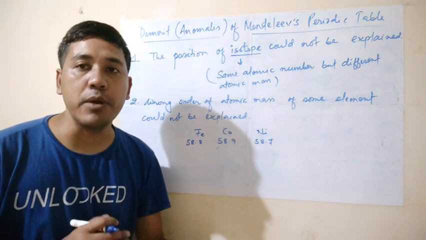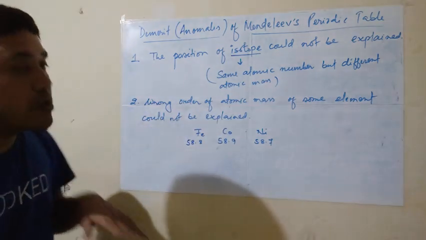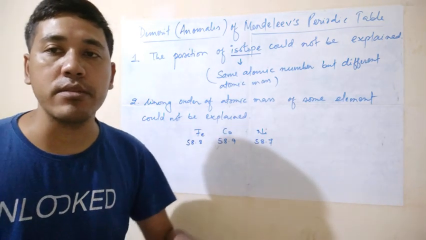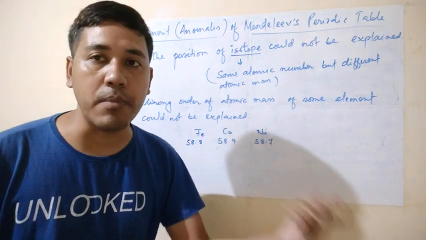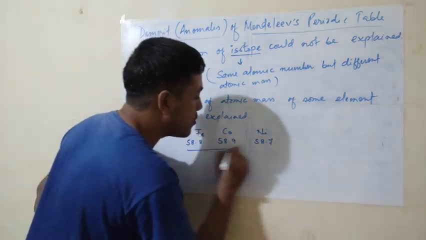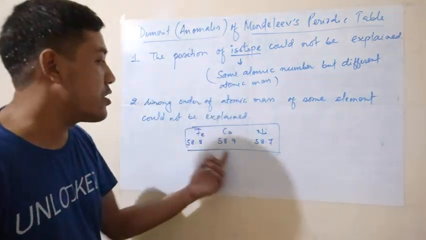But in his periodic table, he already said that the placing of the elements is based on the increasing order of atomic mass. But here we can see this is the wrong order, a mistake in placing the elements.